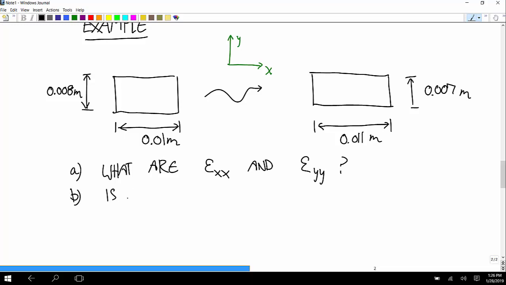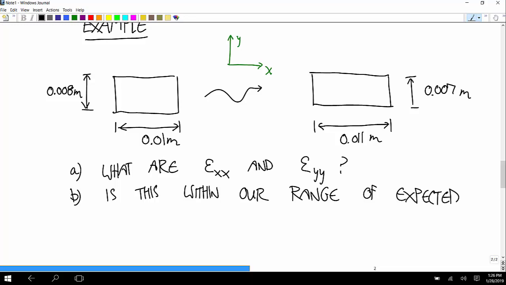And second, is this within our range of expected strain values? It doesn't look like that big a deformation.